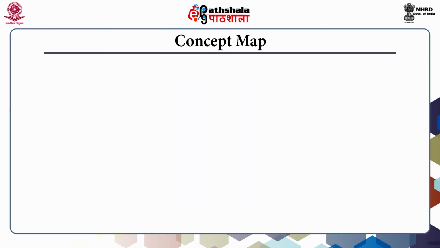The present slide shows the concept map that will be followed in this lecture. The lecture is broadly divided into 3 sections. In the first section, we will know what the requirements of recombinant DNA technology are.